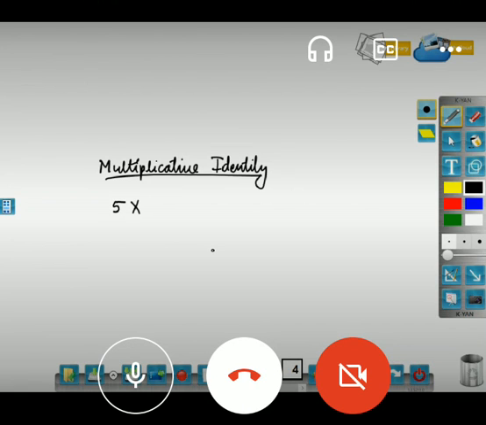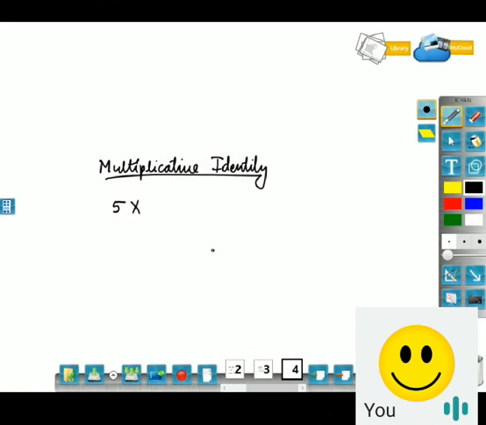So now, we were just discussing multiplicative identity. As I told you, to 5, by which number do we have to multiply to get the same number, 5? It will be 1. Similarly, take any integer: by which number do you have to multiply to get the same number? It will be 1.